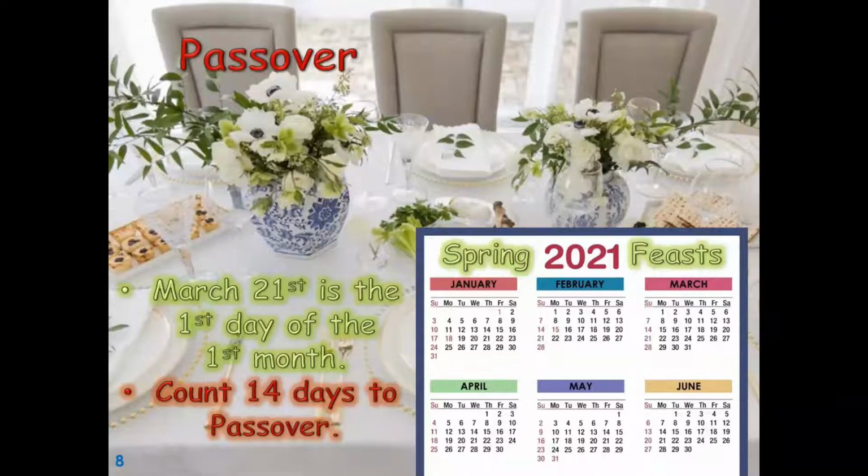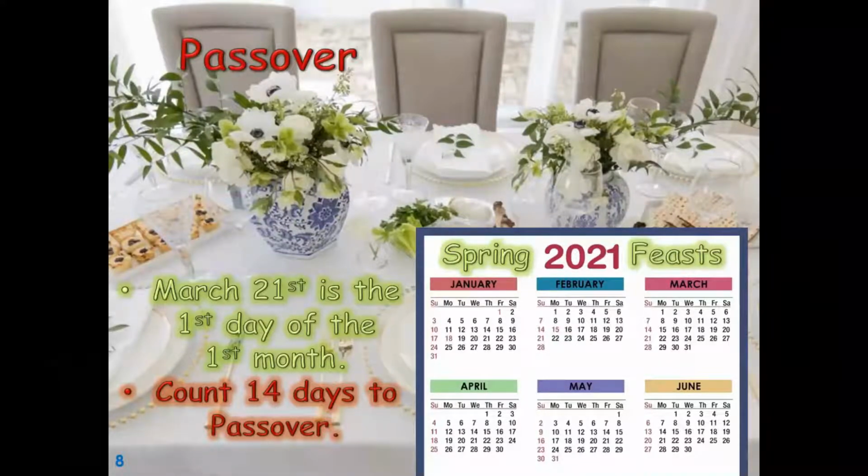So, okay, everybody, March the 21st is the first day. March 22 is the second day. The 23rd is the third day. And by the time you get to March 27th, you're at the 7th day of your count to Passover. March 28th is the 8th day.